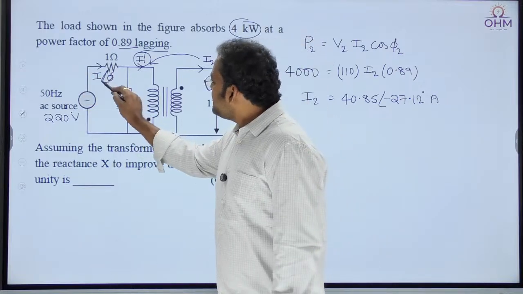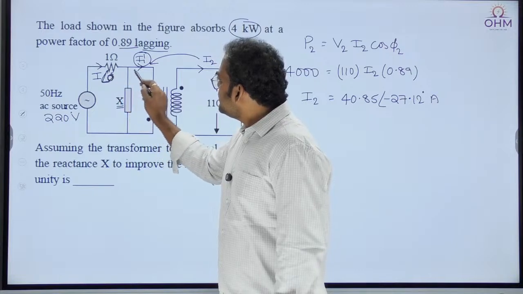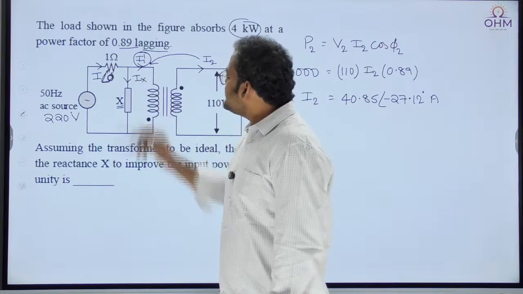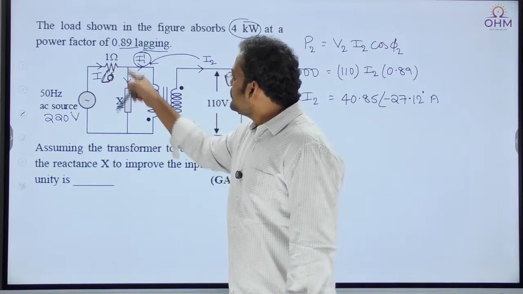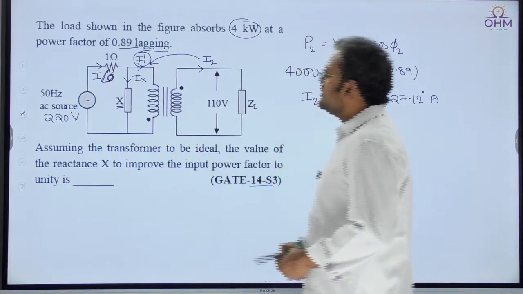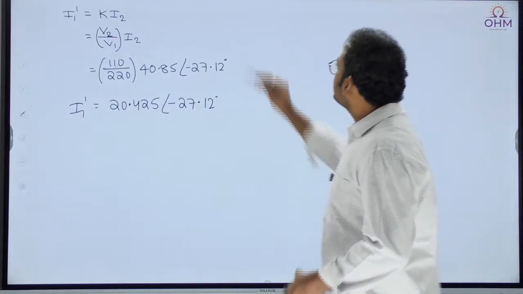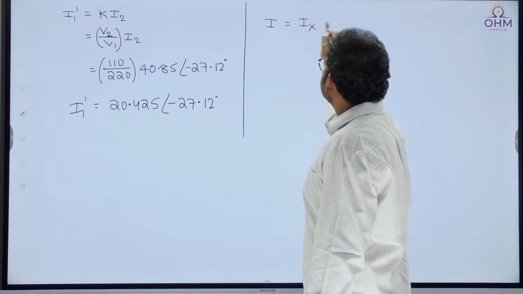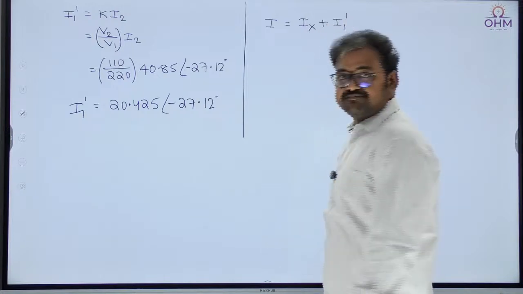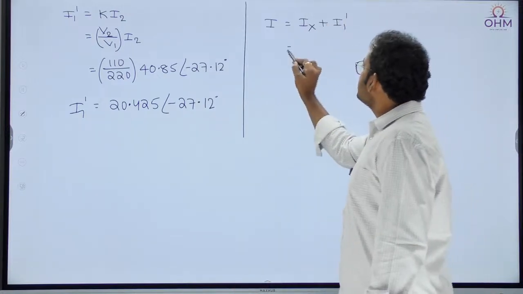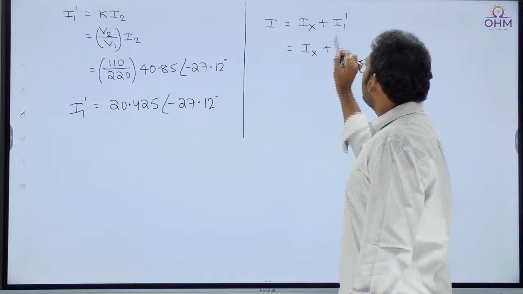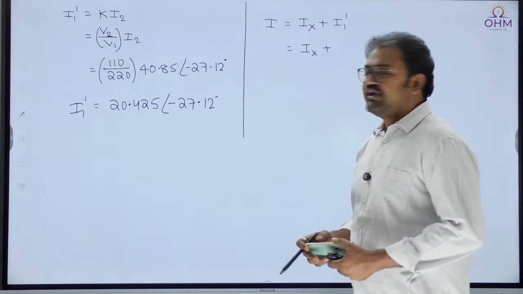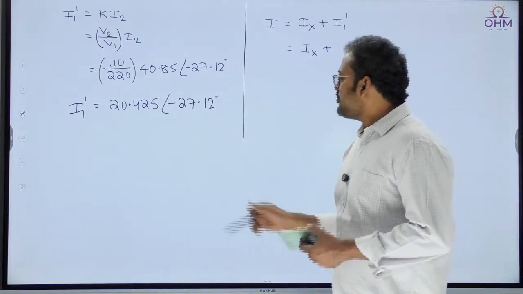Let us say this is Ix. So can I apply the KCL equation there? So I is equal to Ix plus I1 dash. So this is Ix plus, what is I1 dash? I1 dash means 20.425 at an angle minus 27.12.